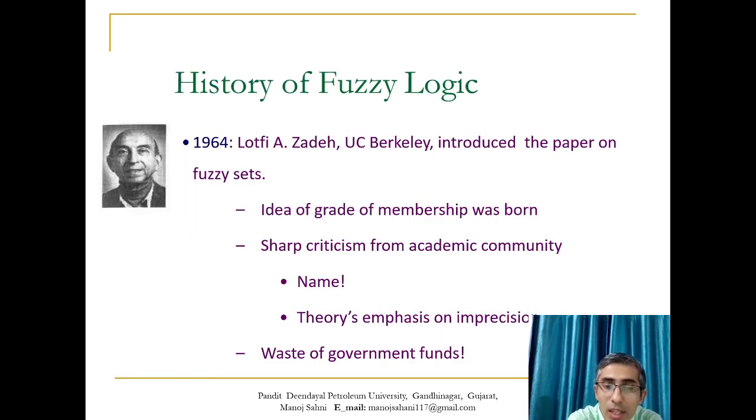With the initial development of fuzzy set theory, there was sharp criticism by the government as well as by the research community. But Lotfi Zadeh did not give up, and he showed that there are a lot of applications of the fuzzy set, which is used in various fields of science and engineering.